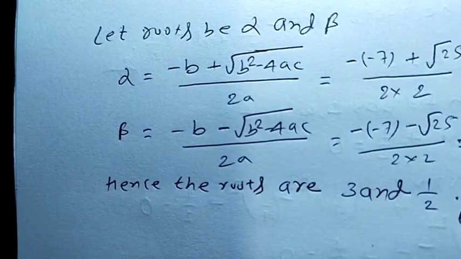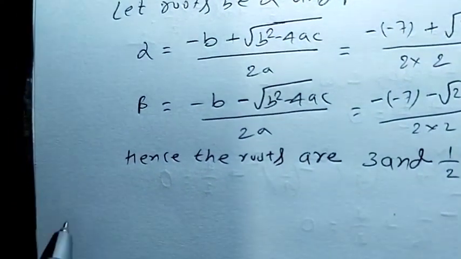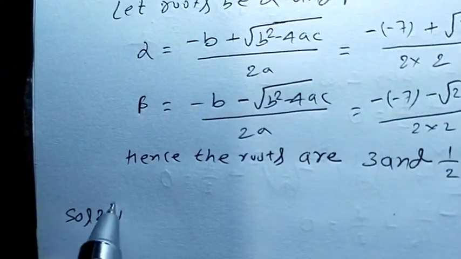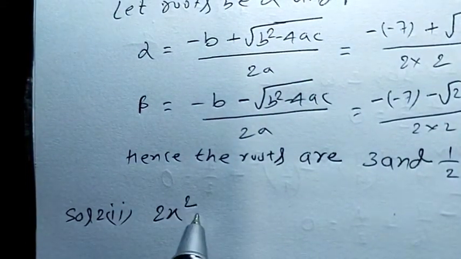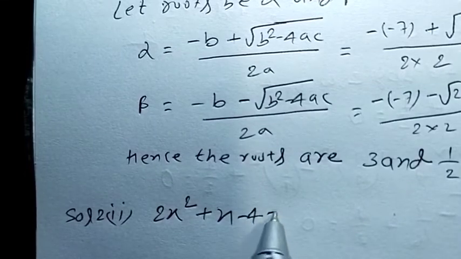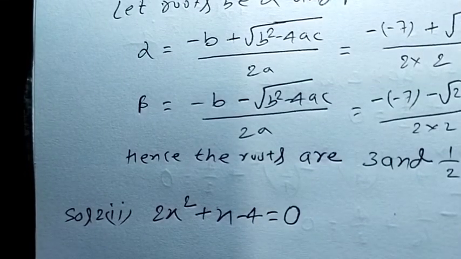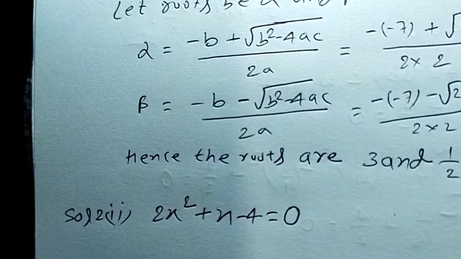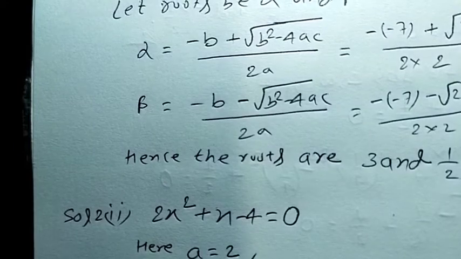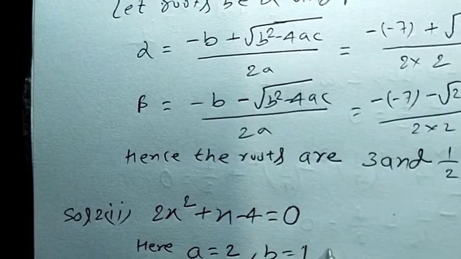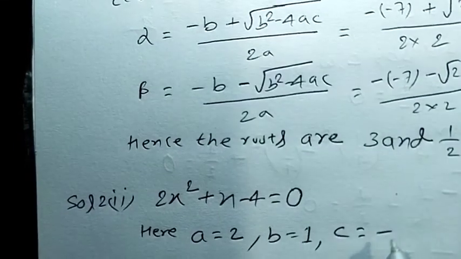Now the second question. The second question is 2x square plus x minus 4 is equal to 0. Here a is equal to 2, b is equal to 1, c is equal to minus 4.